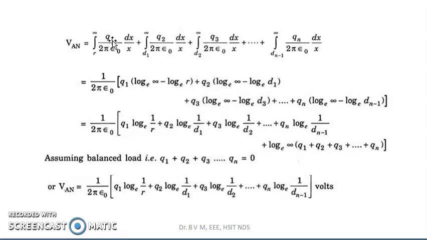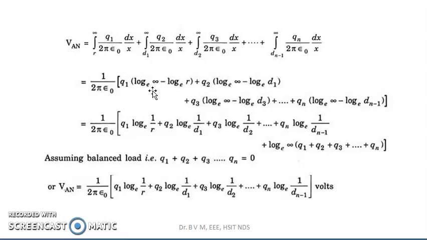The integration is from r to infinity, so upper limit minus lower limit gives Q1 times log of infinity minus log of r, plus Q2 times log of infinity minus log of D1, and so on, plus Qn times log of infinity minus log of Dn minus 1.